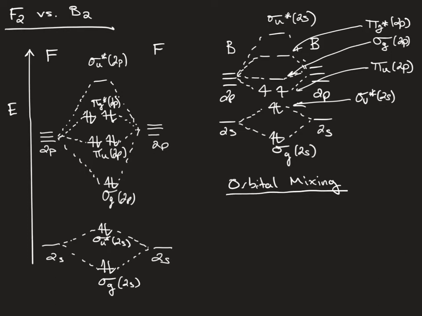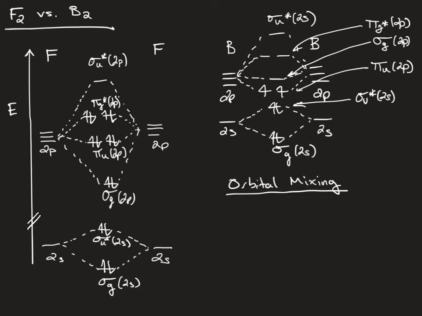Remember, in order for orbitals to overlap with one another, they have to have the same symmetry and they also have to have similar energies. Now, the energy axis that I drew on this molecular orbital diagram really doesn't do justice with how deeply buried these fluorine 2s orbitals really are.